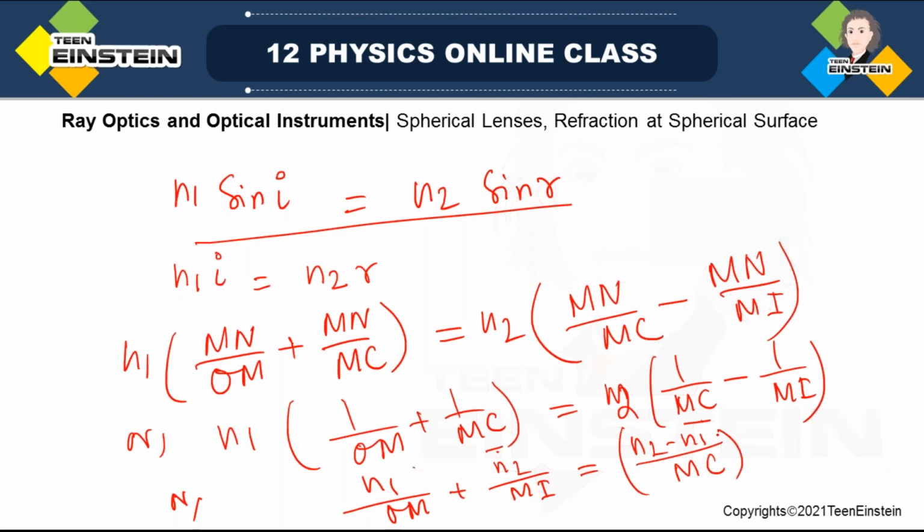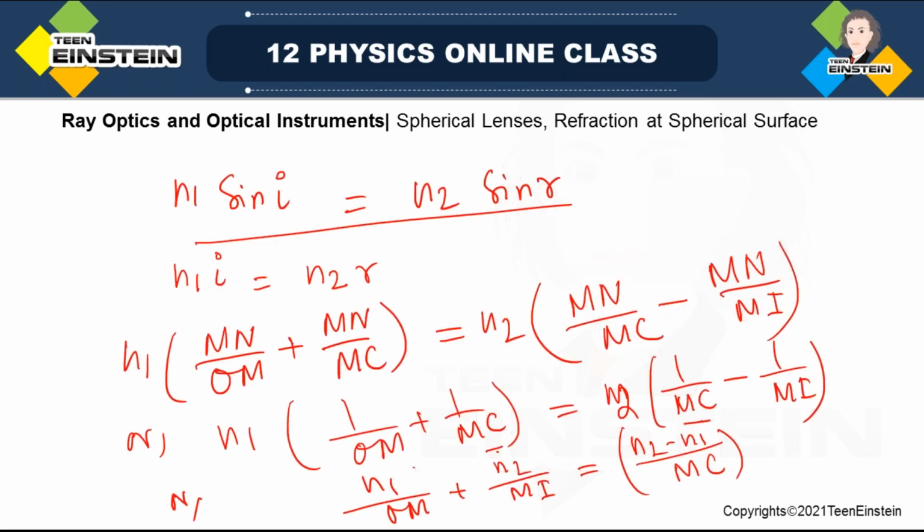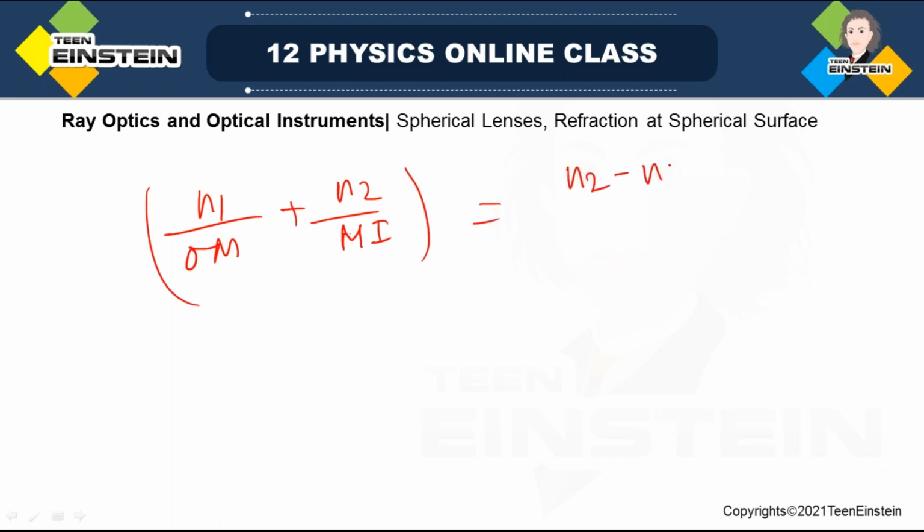I hope you agree with me. So the left hand side is N1 over OM plus N2 over MI, and the right hand side is N2 minus N1 over MC.